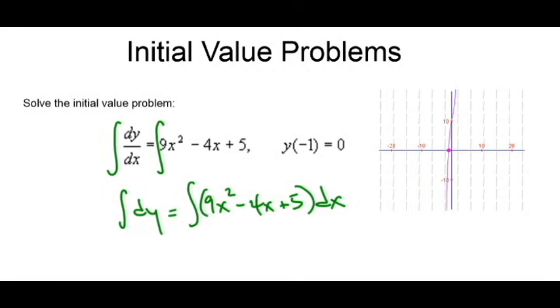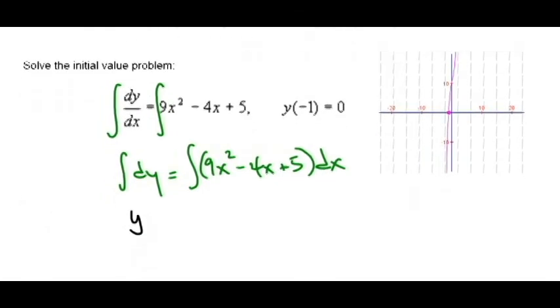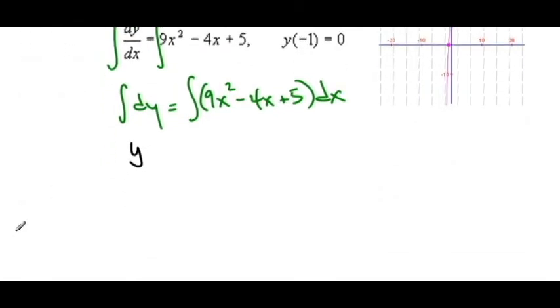Now, what is the antiderivative of dy? The answer is y plus c. However, we don't really need to put the plus c because we're going to move it to the right-hand side eventually. So we'll just put y here.